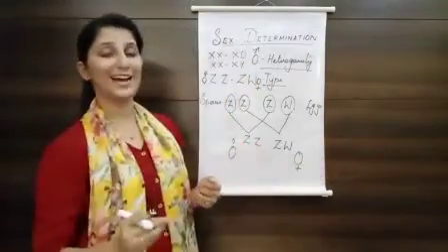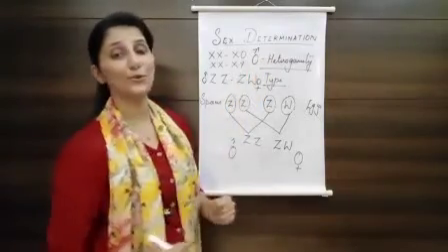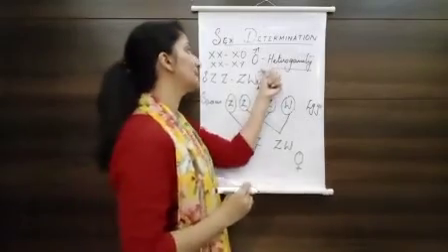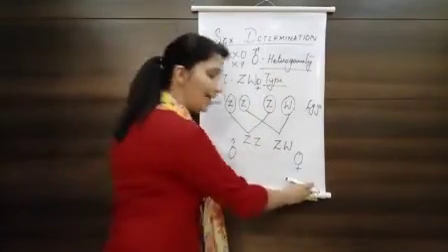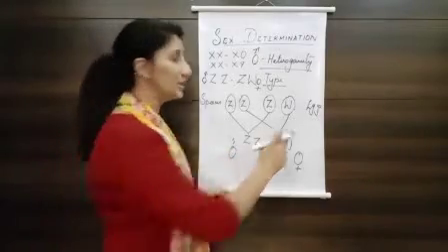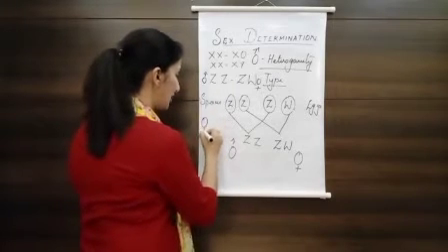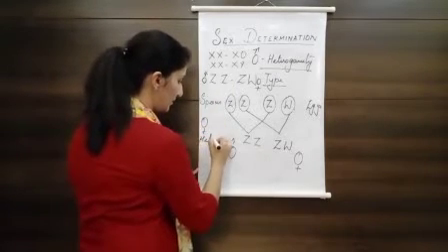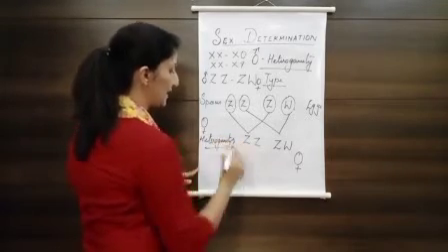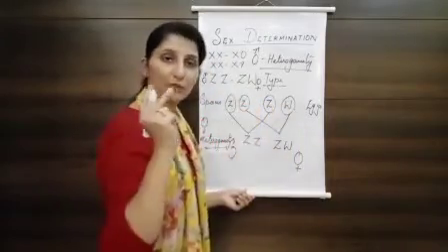So here we can understand that in the other two cases, the male produces two types of gametes or sperms, so they were called male heterogamety. Whereas in this case, the female produces two types of eggs. So it is an example of female heterogamety, because the eggs produced are of two different types.